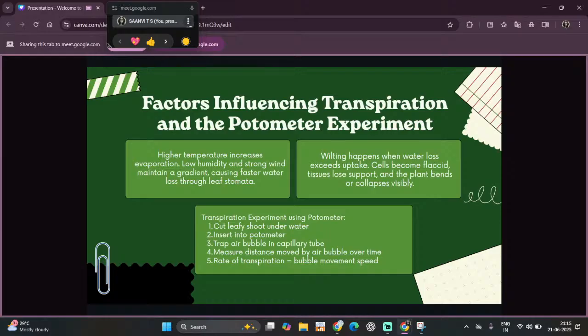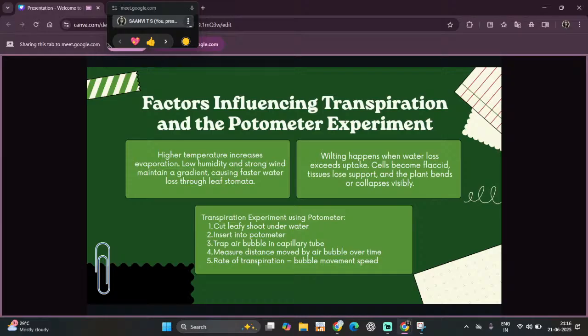Now, in order to measure transpiration, we use an instrument known as the photometer. In simpler terms, we use the photometer by performing the following steps. We first cut a leafy shoot under the water, insert it into the photometer, and while cutting, we also ensure it is a slant cut.